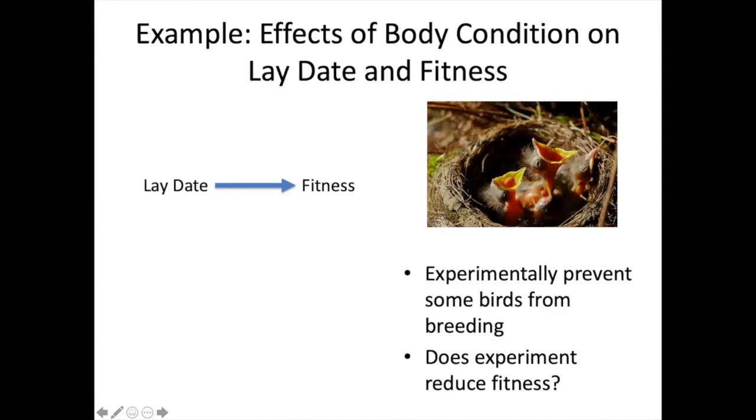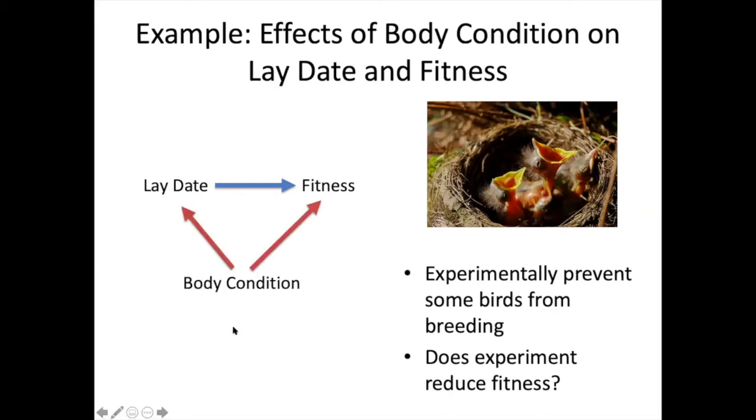So let's walk through a little bit more of a tangible example of what I'm talking about by a lurking variable. It's a common finding in ornithological research that birds that lay their eggs earlier in the season have higher fitness. But is this association between lay date and fitness actually causal, or is it influenced by some other lurking variable like body condition?